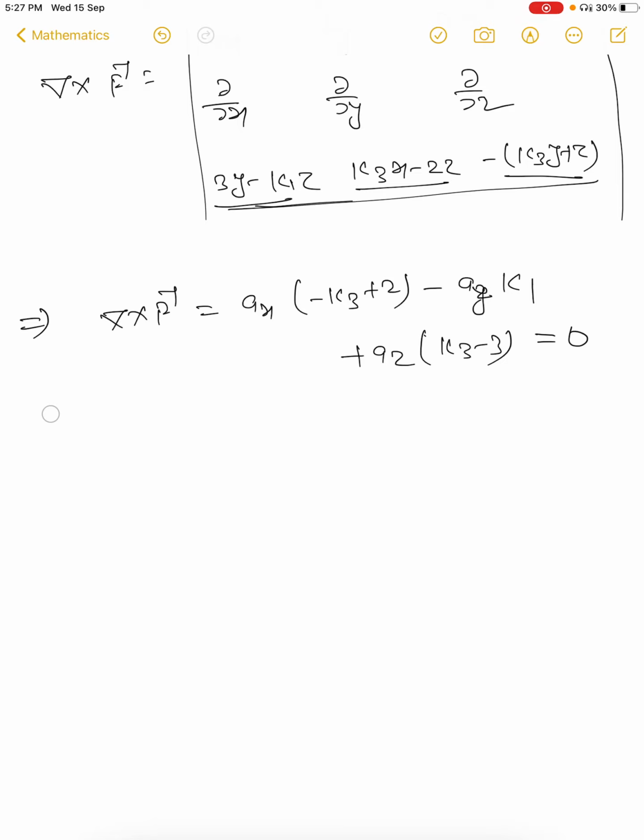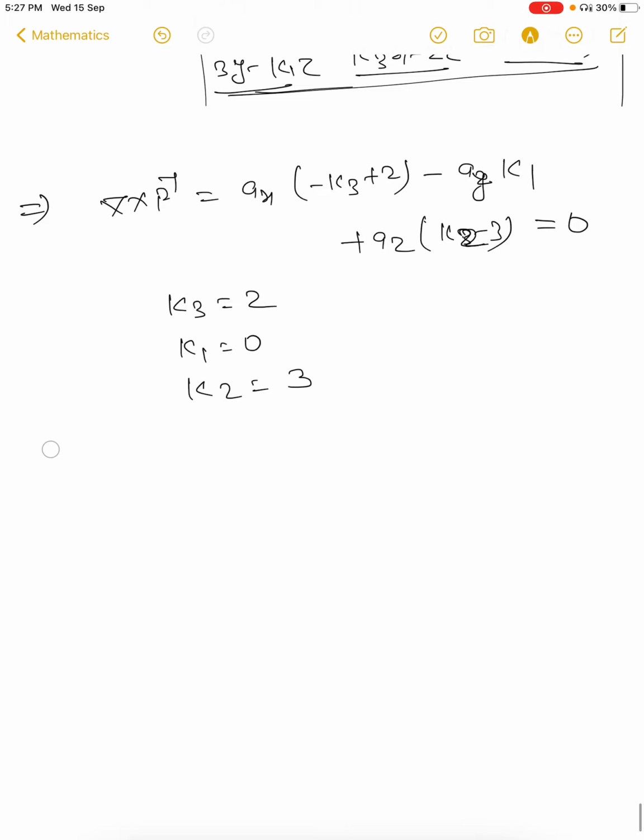It will happen only when k3 is equal to 2, k1 is equal to 0, and sorry, k2 is also equal to 3. So the condition will be k1 is equal to 0, k2 is equal to 3 and k3 is equal to 2.